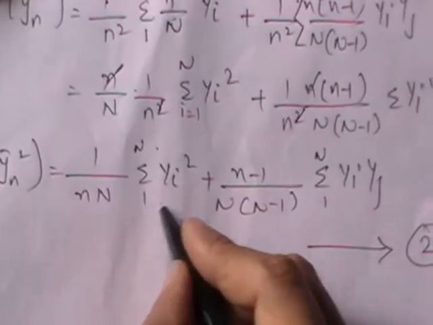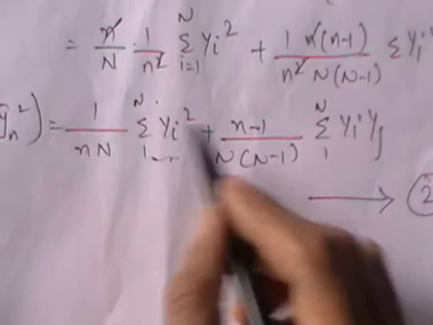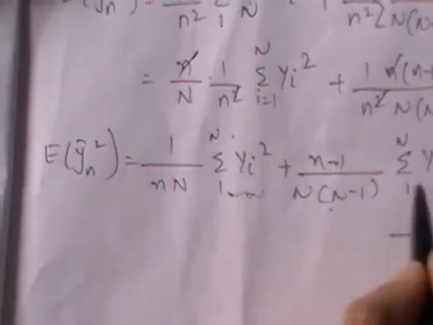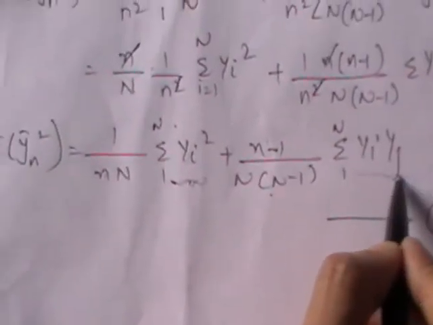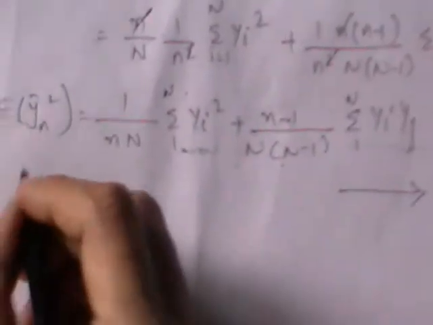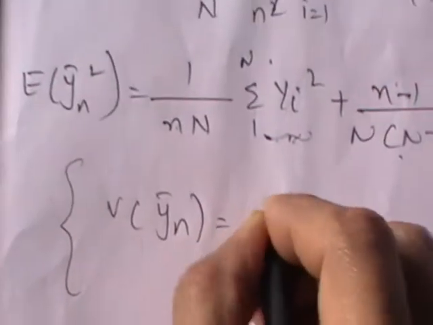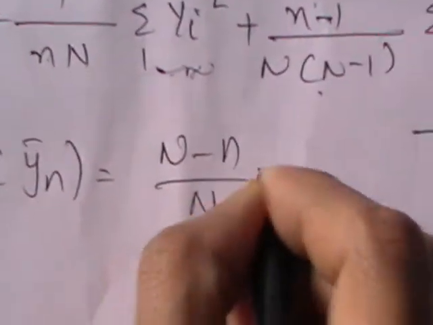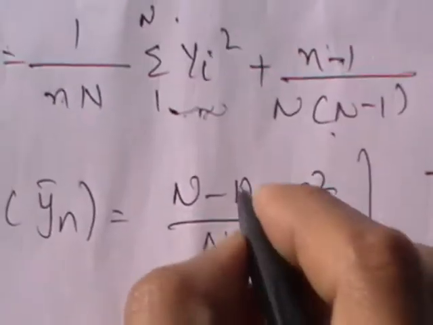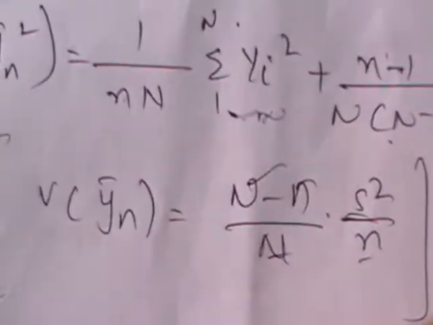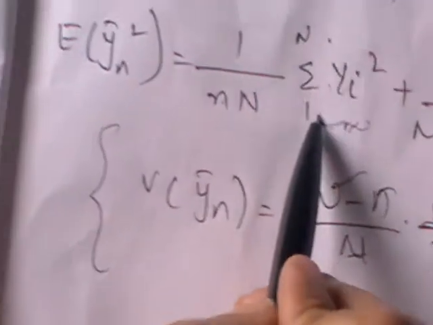The n's are fine, but we have capital Yi's. Whatever proof we give should involve these three terms, but it is involving sigma yi square and sigma yi yj.